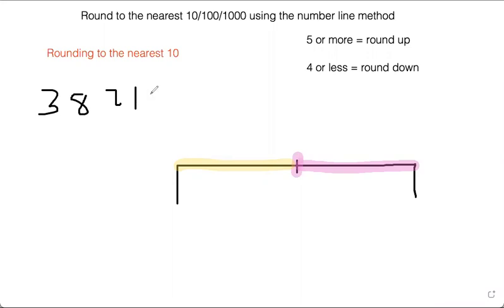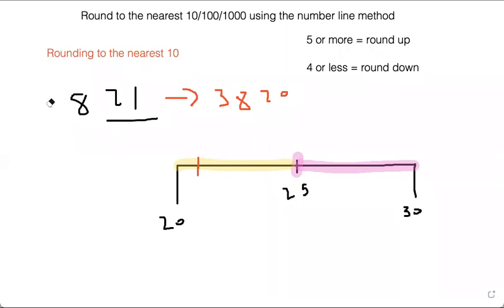Rounding to the nearest 10, we're just focusing on these two for now. 21 is between 20 and 30. 25 in the middle. Where is 21? 21 is around here. It's in the yellow, so it's 4 or less. So 3,821 to the nearest 10 isn't just 20, it's 3,820. That's rounding to the nearest 10.